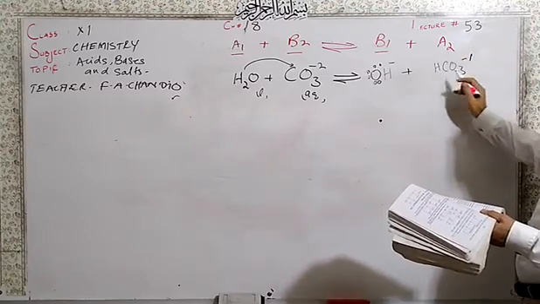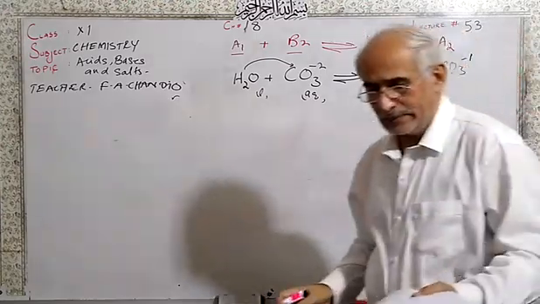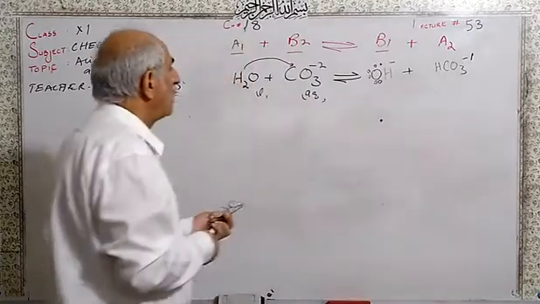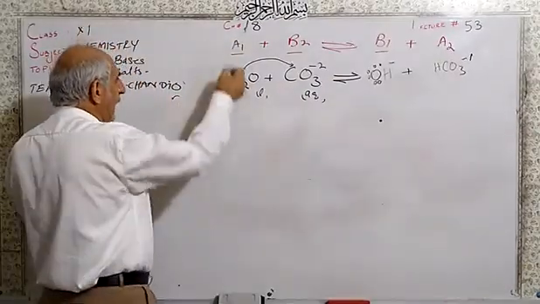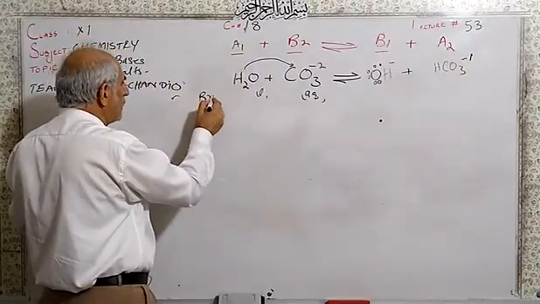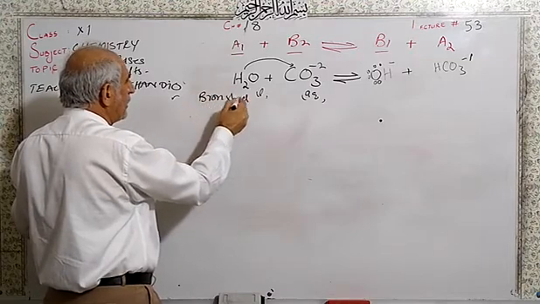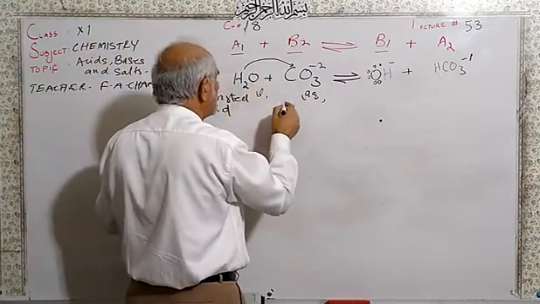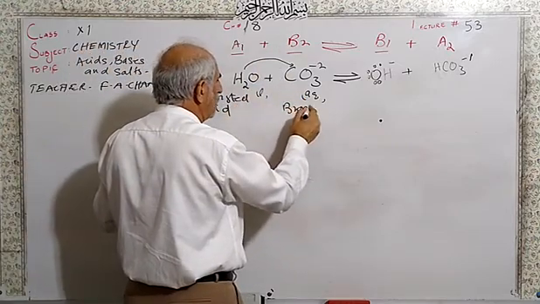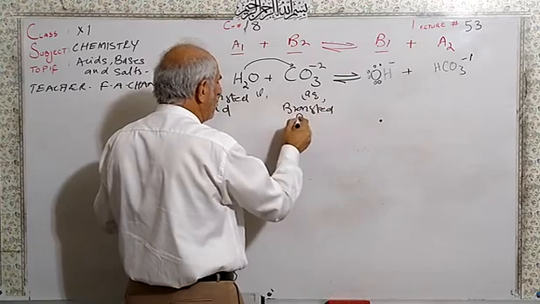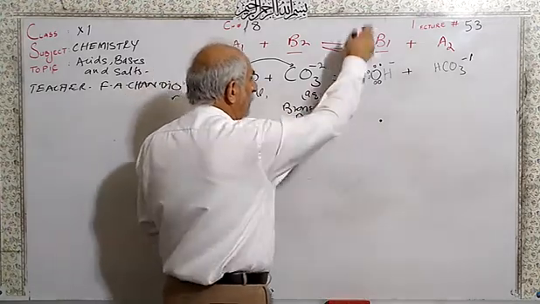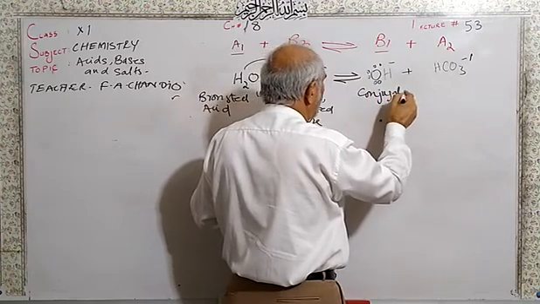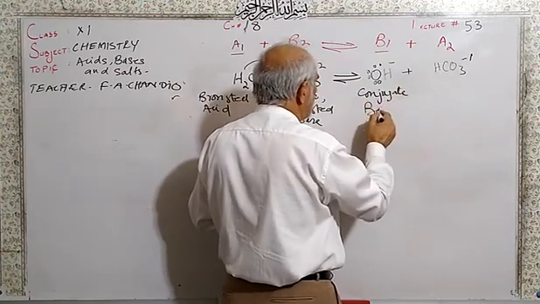So this is a conjugate acid. So A1 is a Bronsted acid and B2 is a Bronsted base. B1 is a conjugate base.